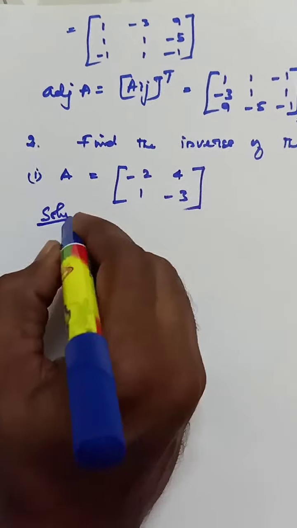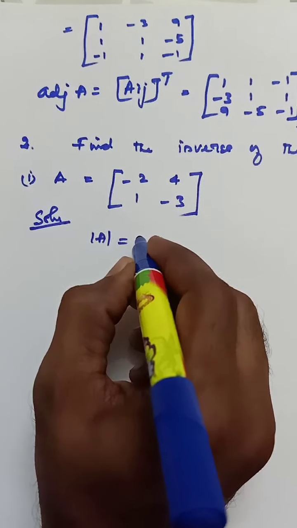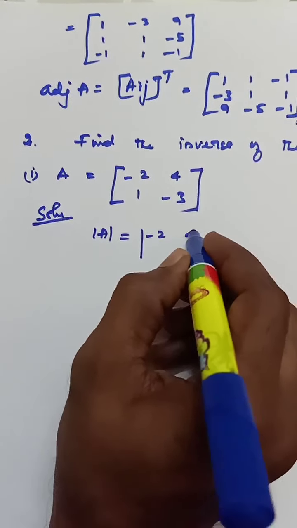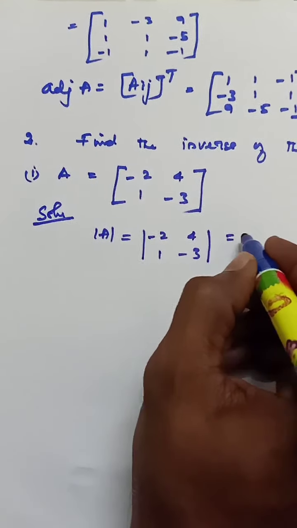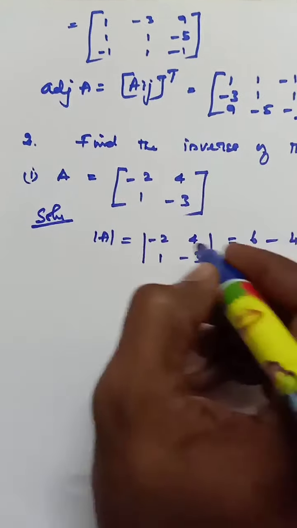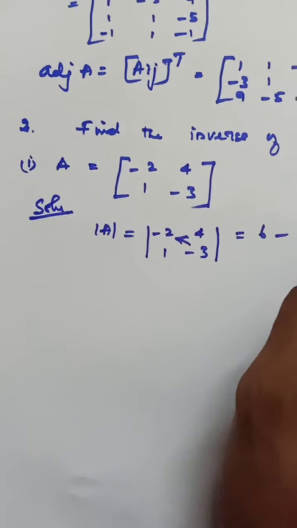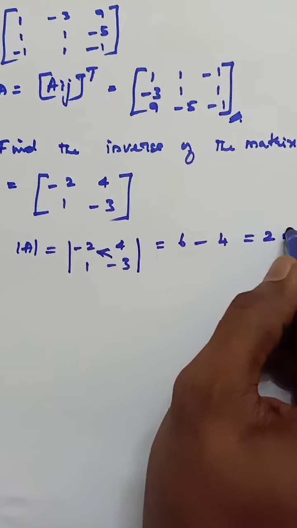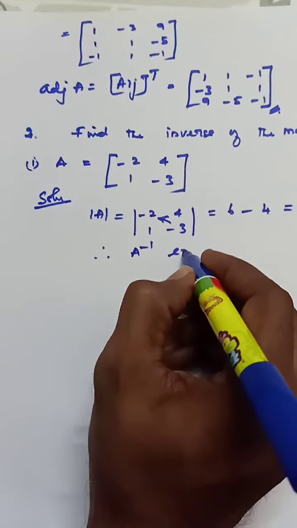Our solution is, first we need the determinant. Determinant of A is equal to |-2 4; 1 -3|. It is nothing but 6 minus 4, this two product minus this two product. 6 minus 4 is 2, which is not equal to 0. Therefore, A inverse exists.